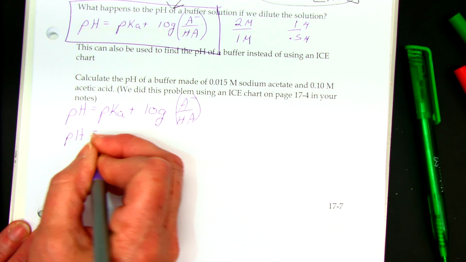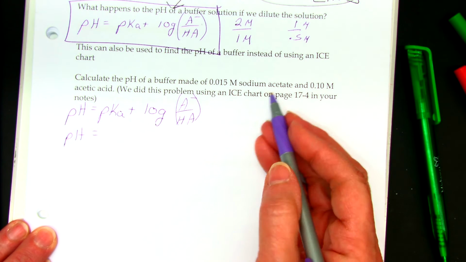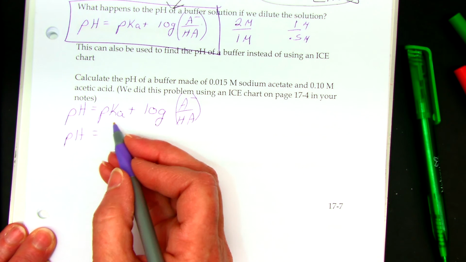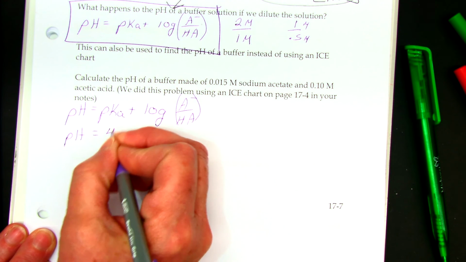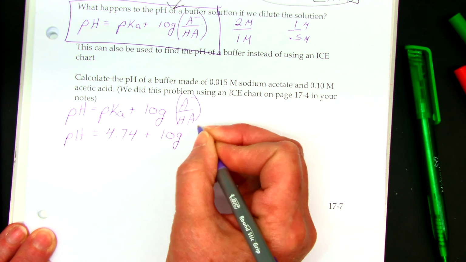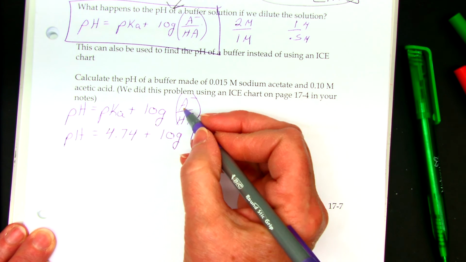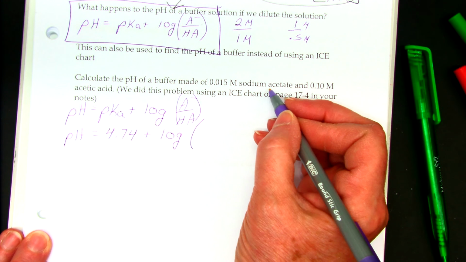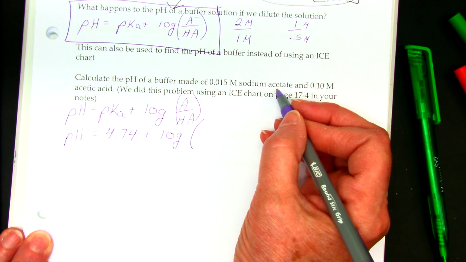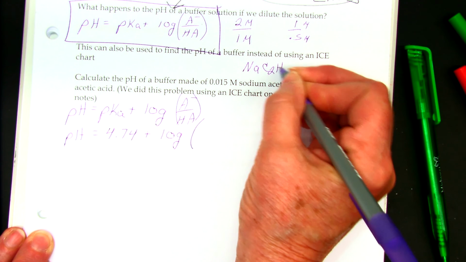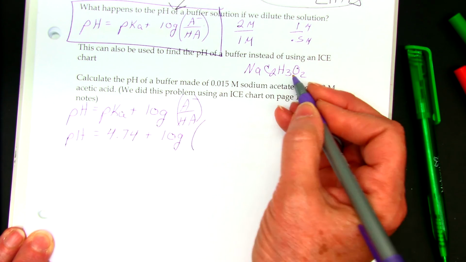So this is an acetic acid solution and a sodium acetate solution. So we look up the pKa for acetic acid. It's 4.74 plus the log of the salt concentration. Now the A-, remember, gets into solution with some cation that makes it soluble. So the sodium acetate, sodium's a +1 and acetate's a -1, so it's 1:1.